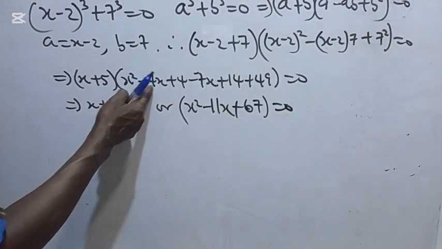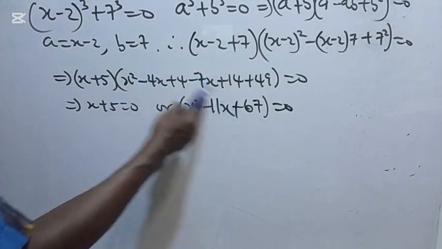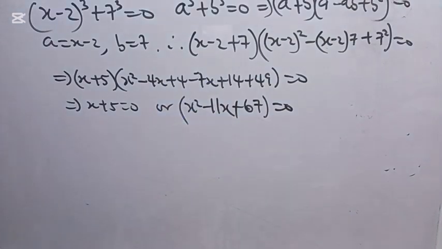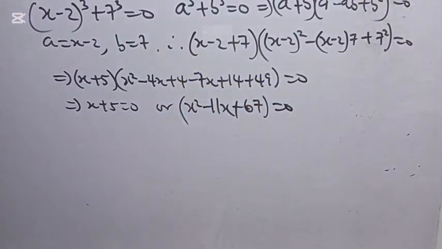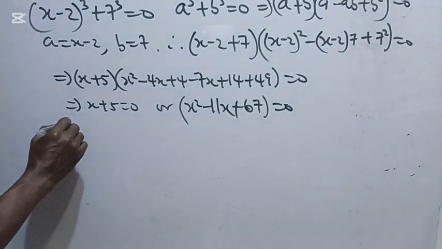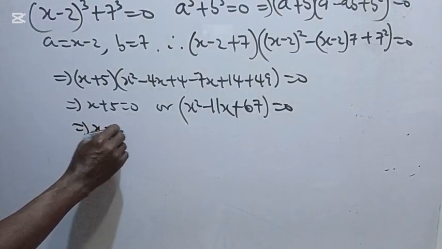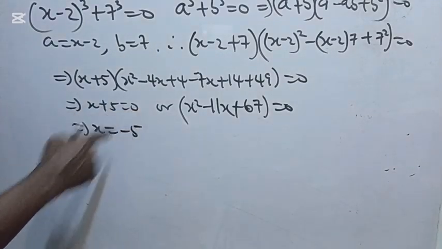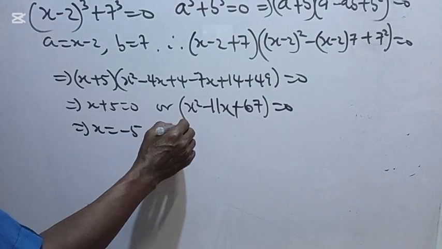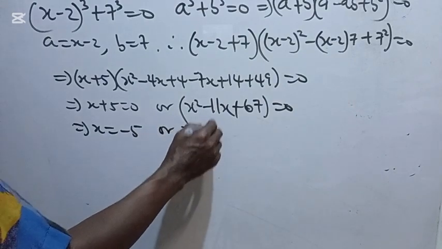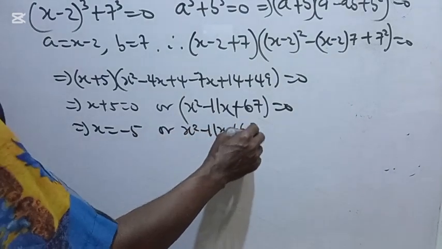Let's add again: minus 4x and minus 7x is minus 11x. 4 plus 14 is 18. If you add 18 to 49, that's 67. Beautiful. So that implies that x is equal to minus 5 here. Or this entirely, x squared minus 11x plus 67 equals 0.